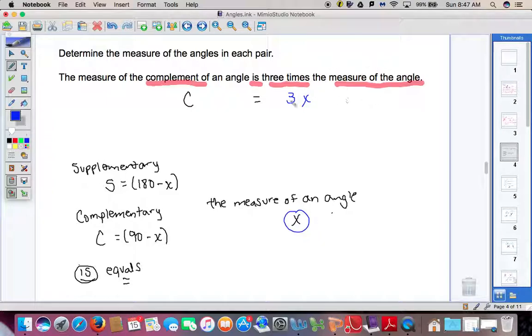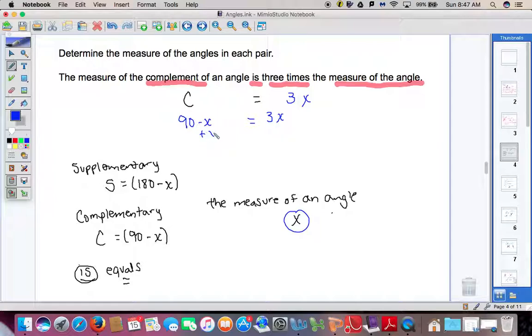That would be the way I would start my equation. Then I would replace complement with 90 minus x, and that equals 3x. And then I would use my order of operations to solve my problem.